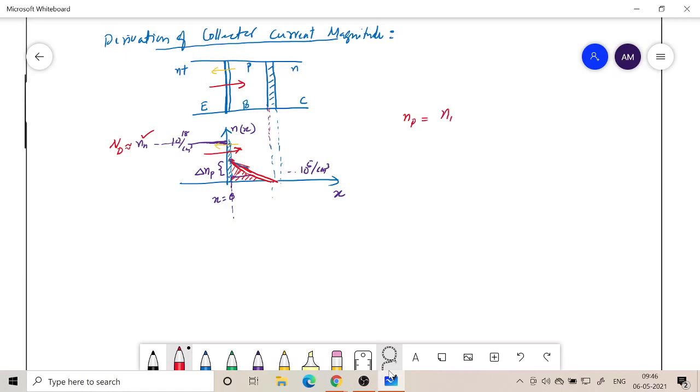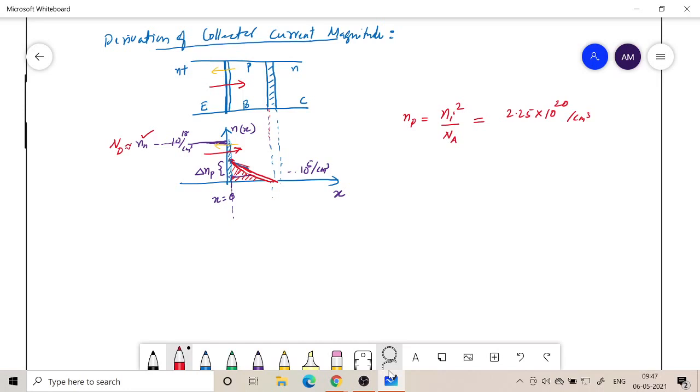That is given by Ni square by Na, the acceptor impurity concentration in the base. These are standard formulas which you can show for a P material and N material. They are minority carriers. For silicon at room temperature, Ni square is something like 2.25 times 10 raised to 20 per centimeter.